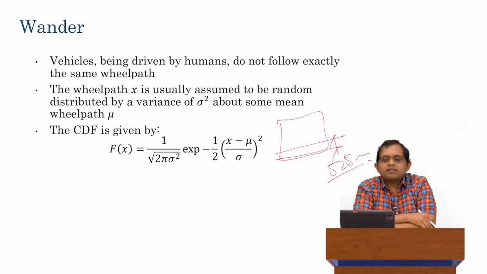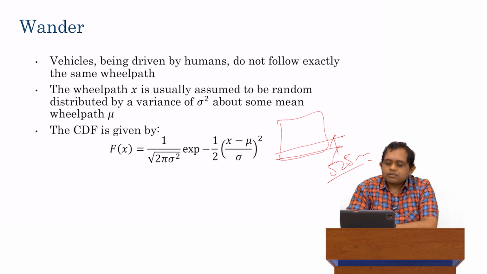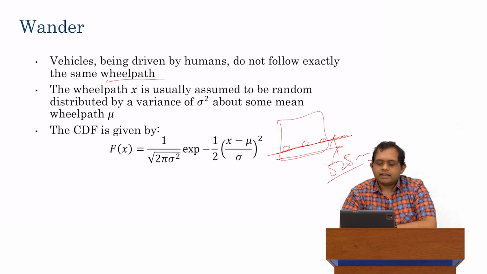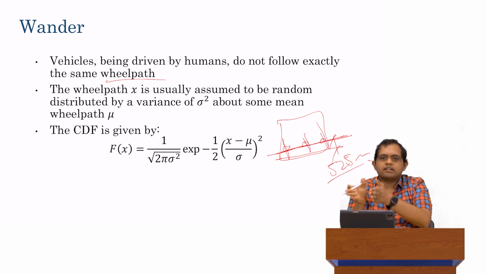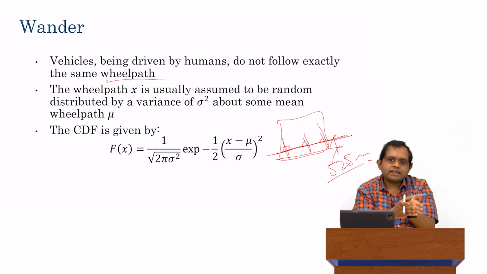The problem is that vehicles are driven by humans. The wheel is never actually going to exactly follow what is called a wheel path. Instead, there is an average wheel path the vehicle takes, but individual cars will also move a little bit left or right along some mean wheel path.